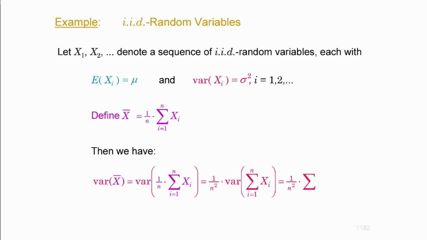So you basically end up with 1 by n squared times the sum of the variances. This equality is due to the fact that they are independent, which means that they are also uncorrelated. If they're independent or uncorrelated, then the variance of their sum is going to be the sum of their variances. You understand?